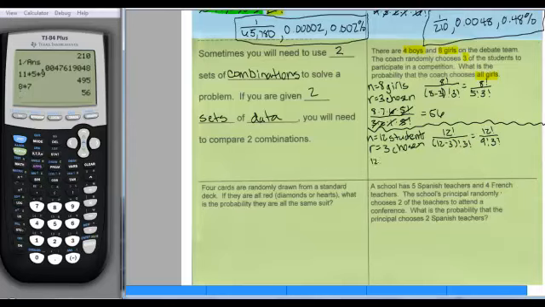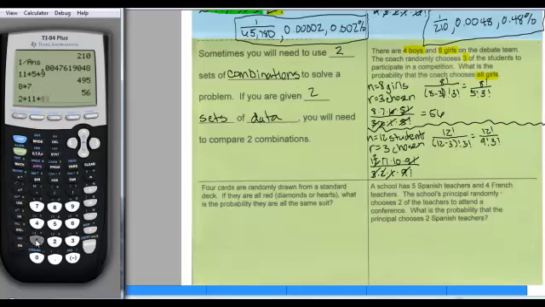So that's 12 times 11 times 10 times 9 factorial, over 3 times 2 times 1 times 9 factorial. 12 divided by 3 times 2, which is 6. So 12 divided by 6 is 2. So 2 times 11 times 10. That is 220.